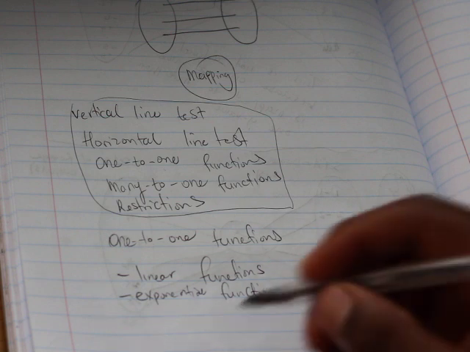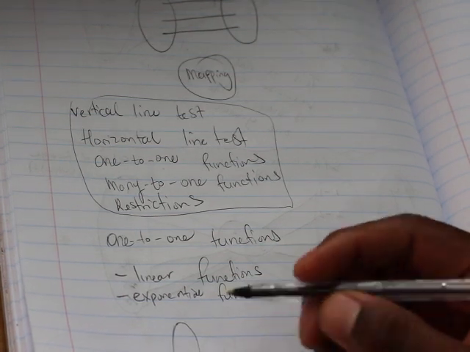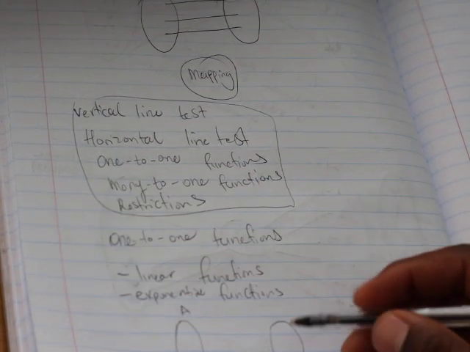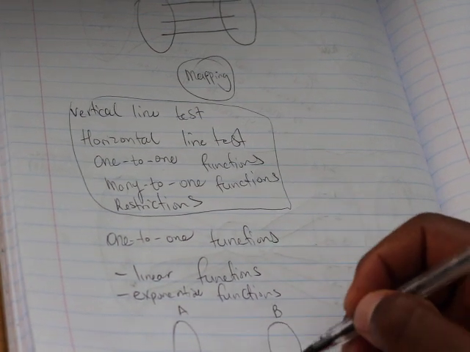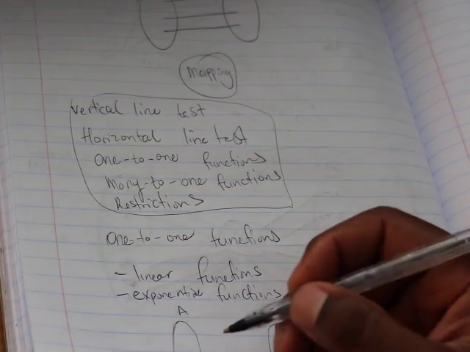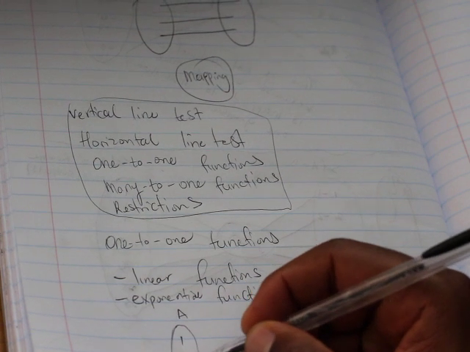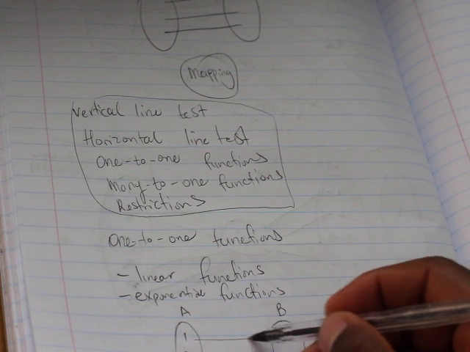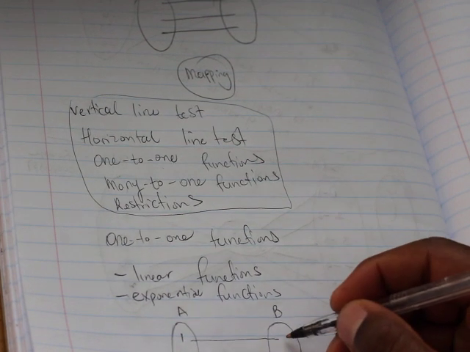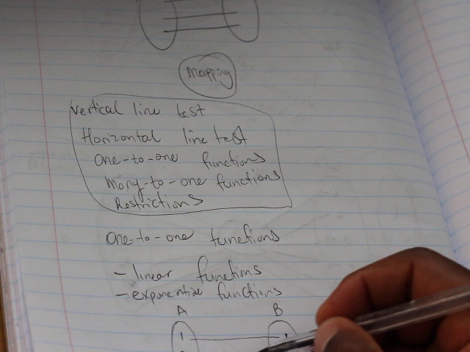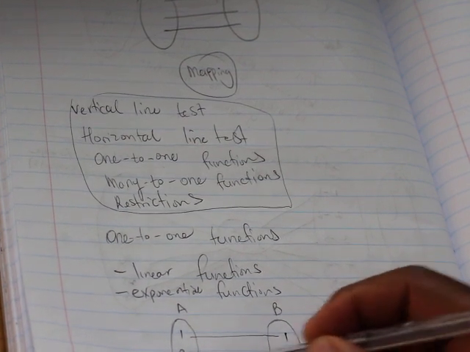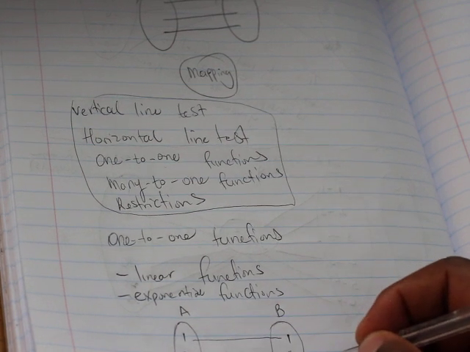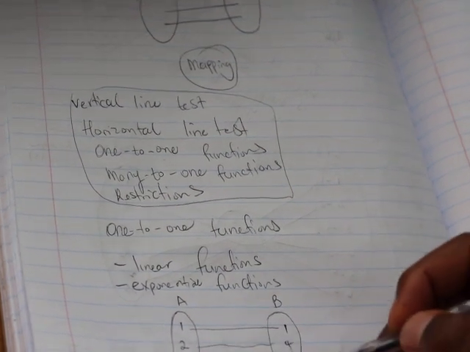The reason why we refer to them as one-to-one functions is because every element in set A is linked to exactly one element in set B. So in other words, if we had 1, 2, 3, 4, you'd find that this is linked, let's say this is 1, this is 4, this is 9, and lastly 16.